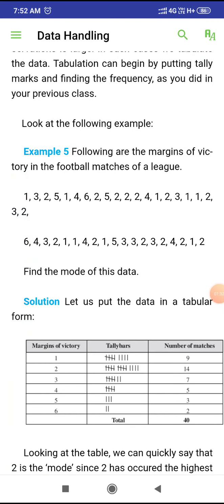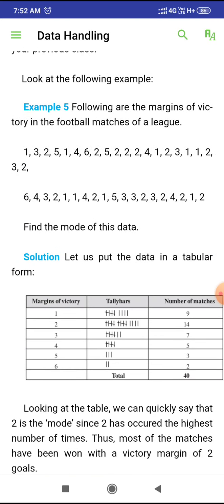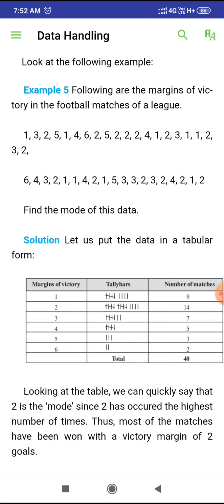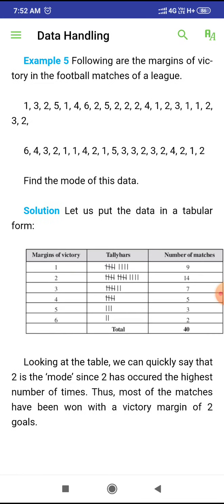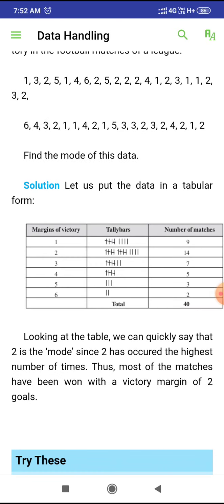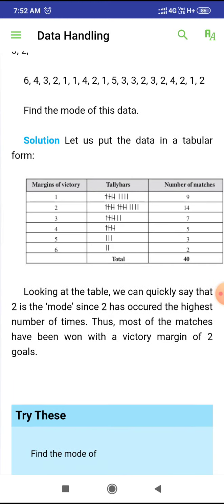Here in example number 5, we are given some data and we have to find the mode of this data. First of all we arrange this data in tabular form, or we can say in a frequency distribution table. Then according to our frequency, 2 occurs 14 times and 2 is the mode of this data.